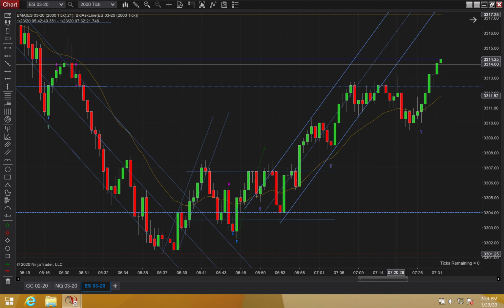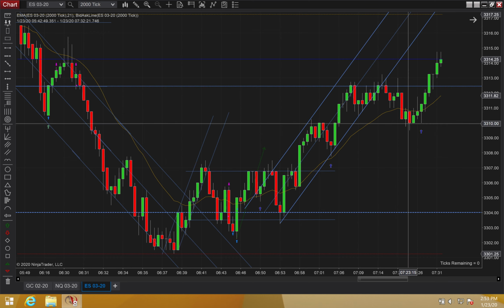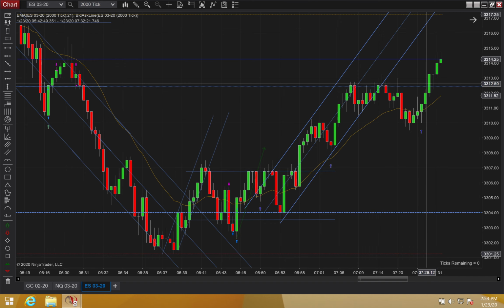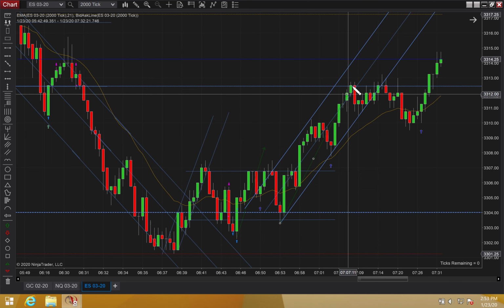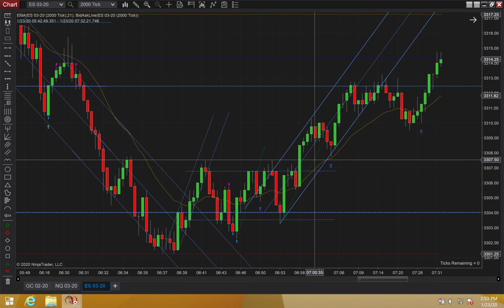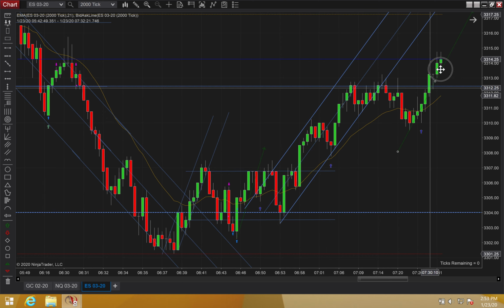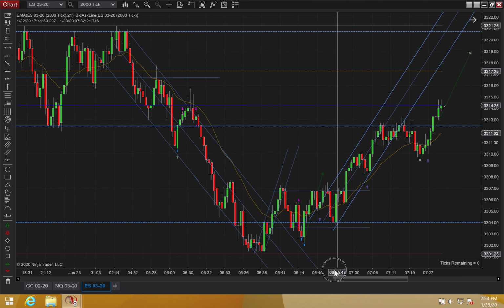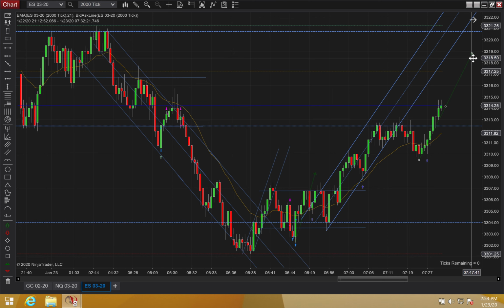So now we have that two-legged pullback, breakout to a new high move. The obvious target is going to be the other side of the range, but another target, we're just going to see if we make a 100% retracement or extension. Yeah, so we'd have another target up there.